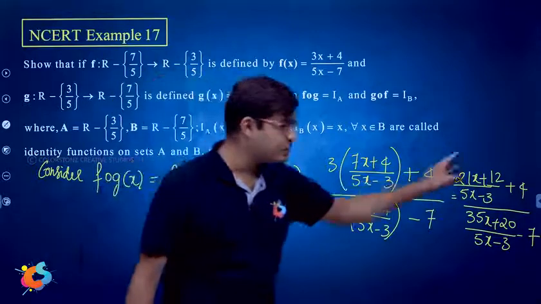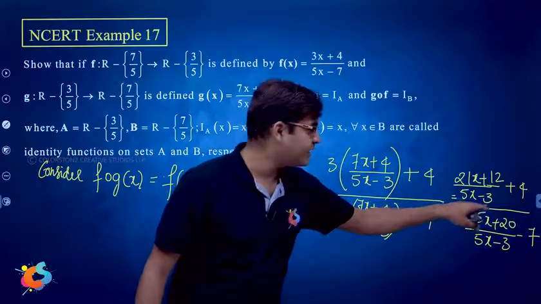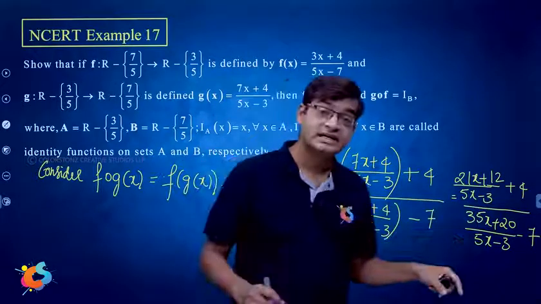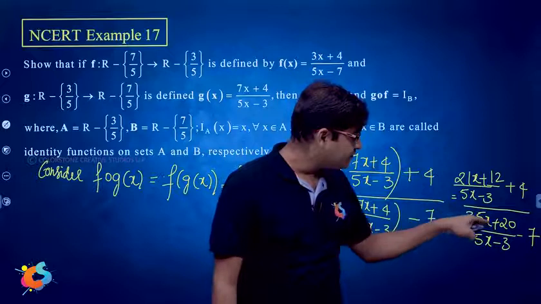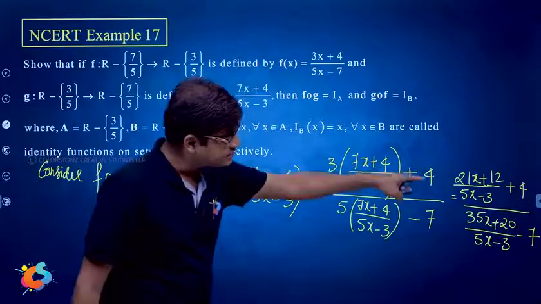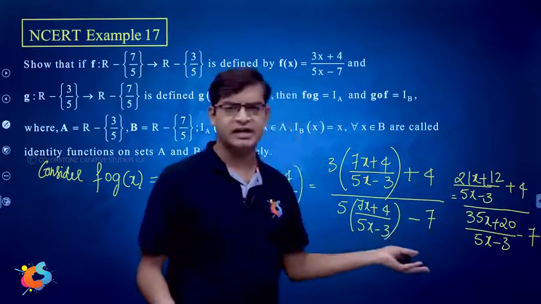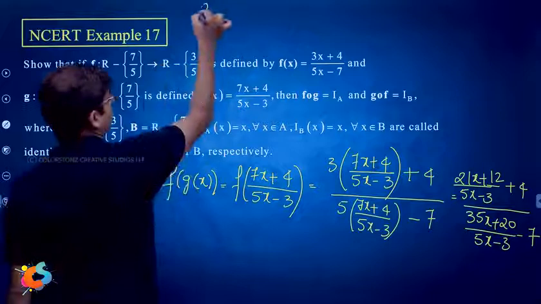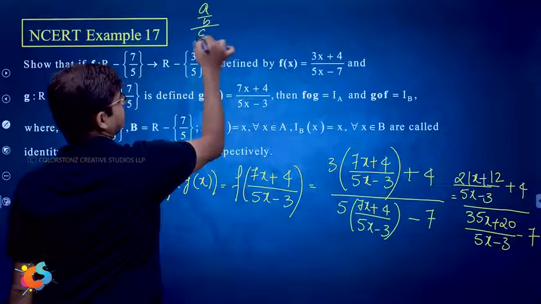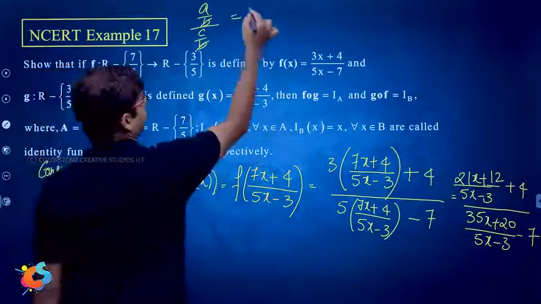When you take LCM in the numerator, you will have some numerator divided by 5x minus 3. When you take LCM in the denominator, you will have some numerator divided by 5x minus 3. So numerator's denominator and denominator's denominator will be same. So therefore we can cancel it. Clear, isn't it? If you have a by b divided by c by b, you can cancel these two, right? Or otherwise you can write it like this also.